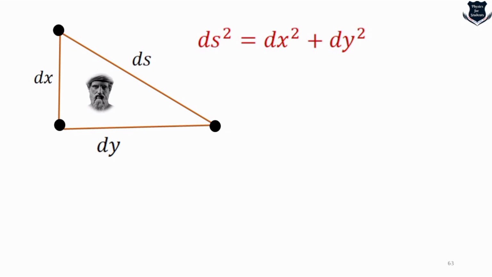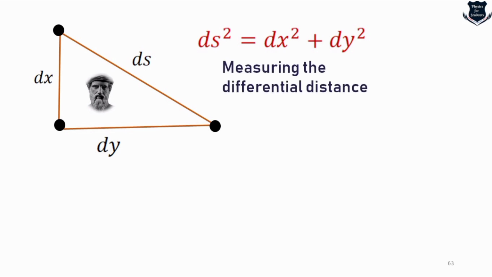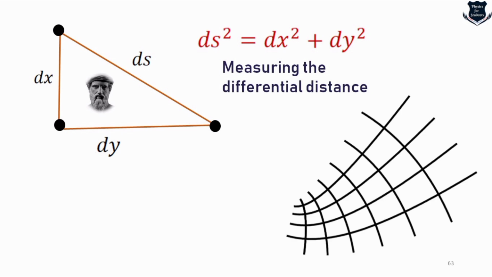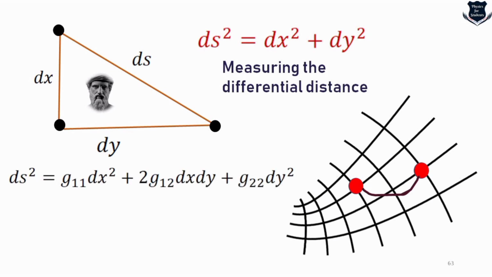That means here we are trying to measure what is called a differential distance. Now, if we take a kind of crazy curvilinear coordinates like this, and we get two red points, and here is a line, how are we going to measure the distance between these two points? We cannot use this one. We can use a kind of formula which takes the shape of this.